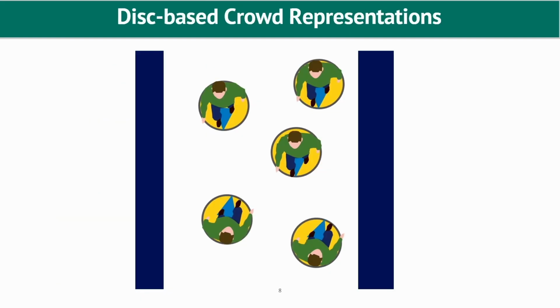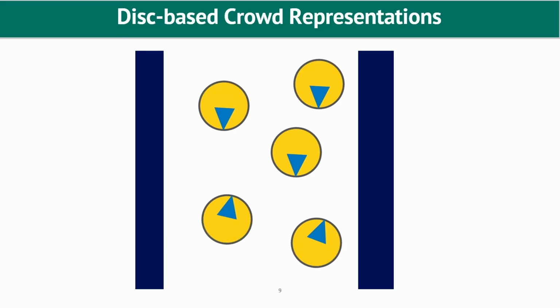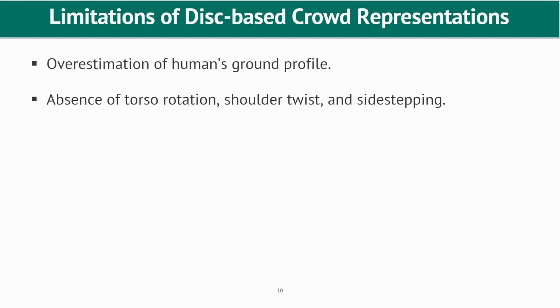So now I will discuss the most prominent approach to represent crowds in crowd simulation, which is disk-based representation. In disk-based representation, usually crowds are represented as 2D disks. Though these are very common and very good in simulating crowds, they have some limitations.